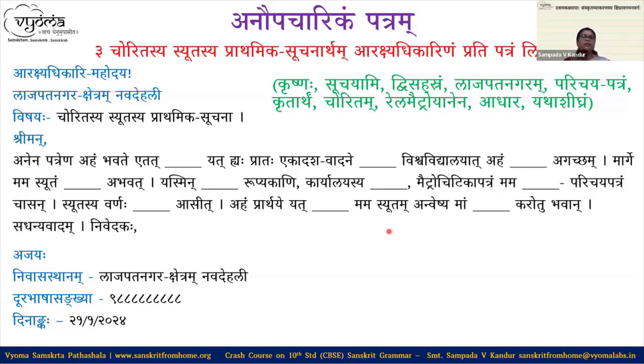Parichayapatram is ID card. Krutartham is what you say, with your respect, or do the needful, like that. Choritam is stolen. Rail metro yanena is by metro. Aadhar is your Aadhar card. Yathashigram is as early as possible. Yes, Nikhil.